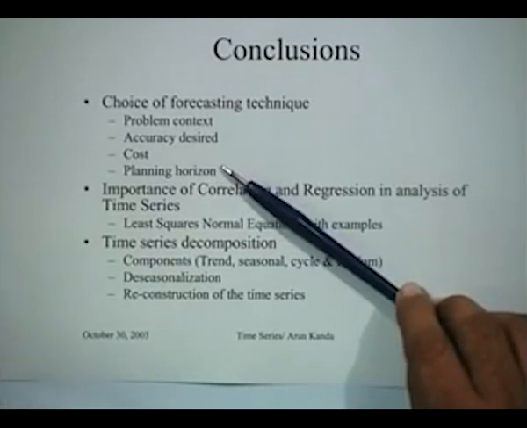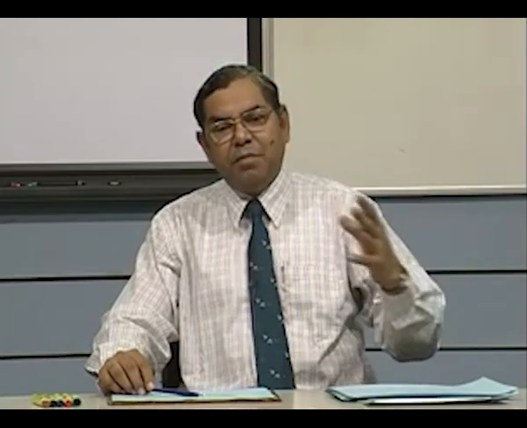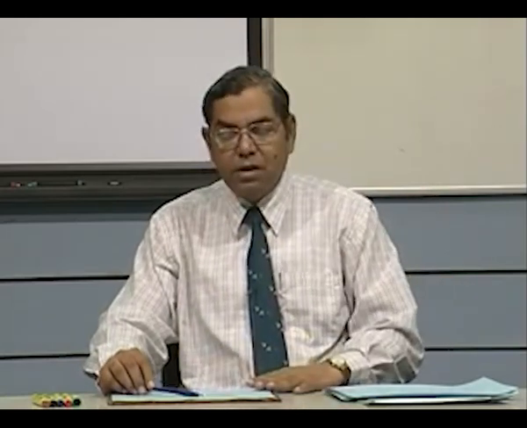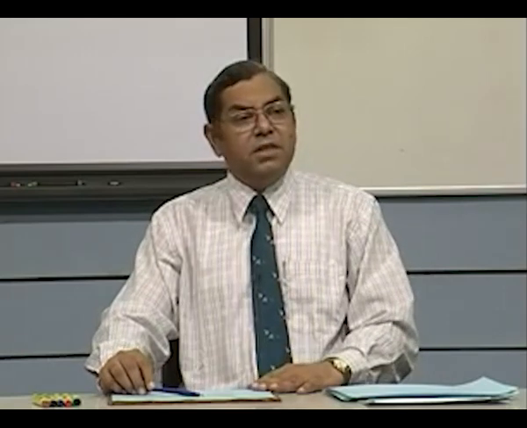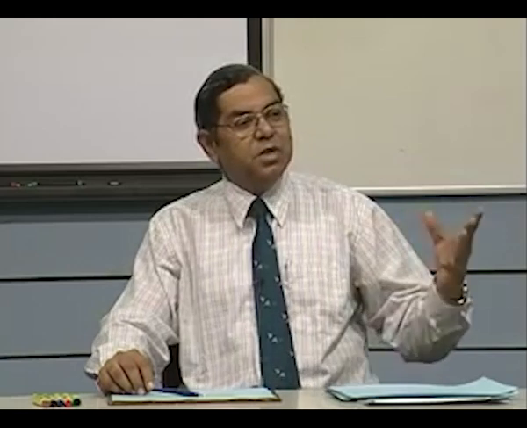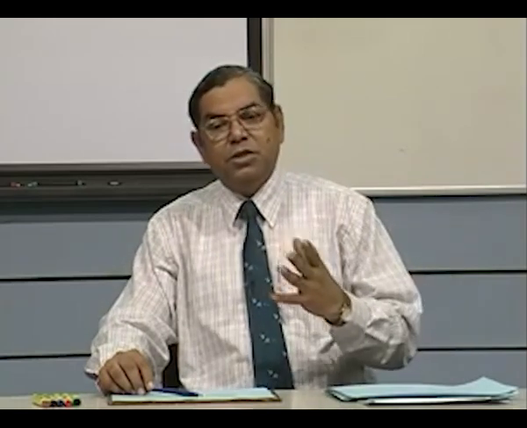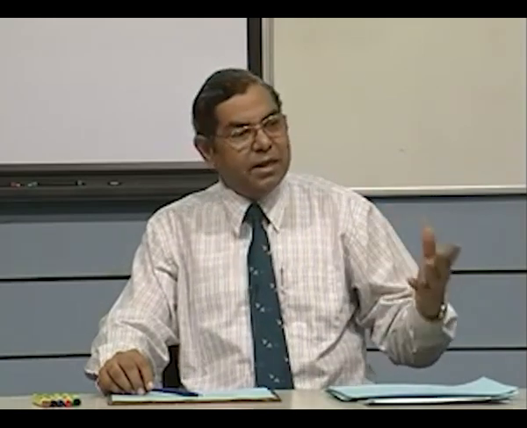For instance, regression would be an appropriate technique if you are assured that the kind of chance causes which operated in the past will continue to operate in the future, and under that system whatever was happening you could extend it into the future, so it would be a good technique. But if this is not happening and the time series is behaving in some erratic fashion, then time series decomposition for an arbitrary time series could be a good way, because you determine the seasonality coefficients, you determine the underlying trend, you determine the underlying cycle, and utilize this information for making a forecast.